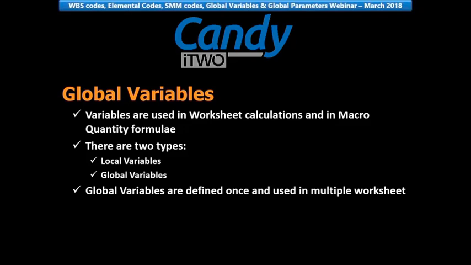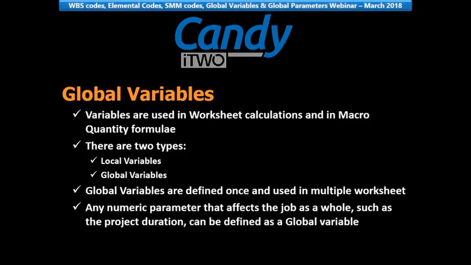However, when it comes to values that are used in multiple worksheets, global variables come in handy. By definition, any numeric parameter that affects the job as a whole, such as the job duration, can be defined as a global variable. These are used in worksheets and for calculating quantities in macros.